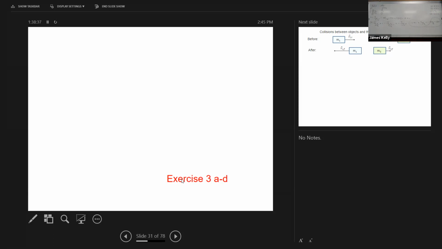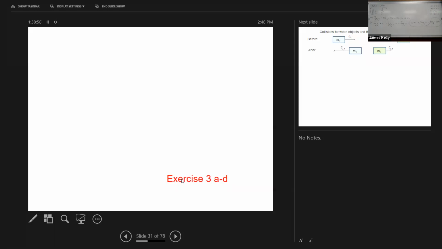All right, and let's just finish up with D. If the collision lasts 0.03 seconds, 3/100ths of a second, what average y force does the 1 kilogram mass exert on the 3 kilogram mass during that amount of time?